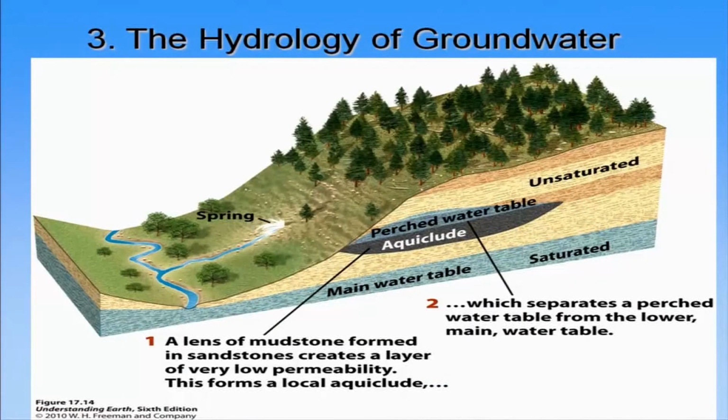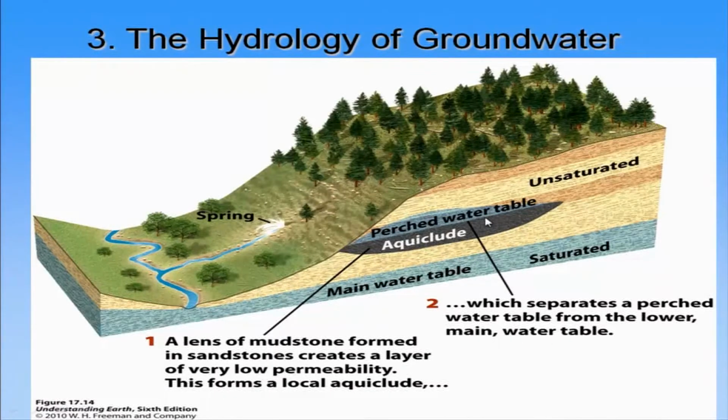Now the perched water table sits above the normal water table. So you have an aquiclude, and then you have a perched water table which is separated from the lower main water table.